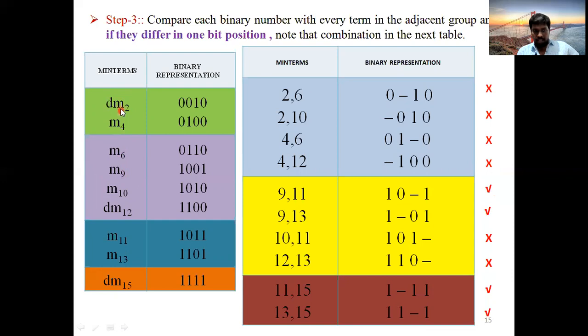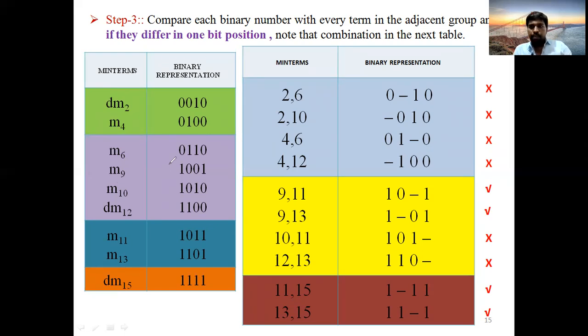See, first M2 with M6, next M2 with M9, M2 with M10, and M2 with M12. Then M4 with M6, M4 with M9, M4 with M10, and M4 with M12. Like that, you should compare all the terms, and whenever you find a single bit variance, only then should you write the answer.